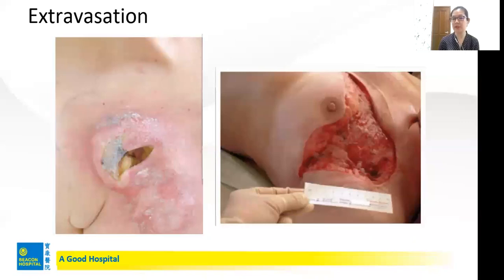Then some doctors assume it's a blockage, or a partial blockage, or a blood clot flapping at the tip. They're assuming, you see. So you're unable to draw blood, but you're able to push. Then you proceed with a vesicant agent, and this is the outcome. Extravasation.